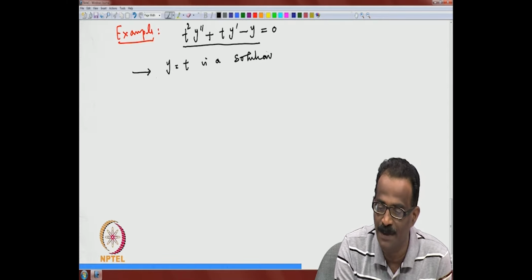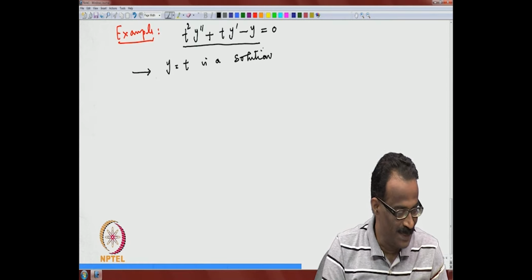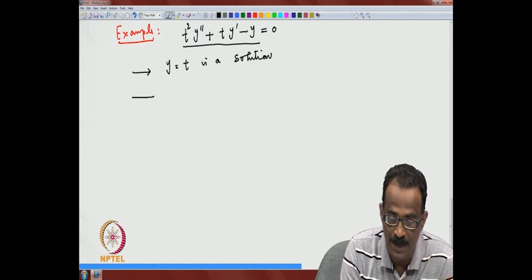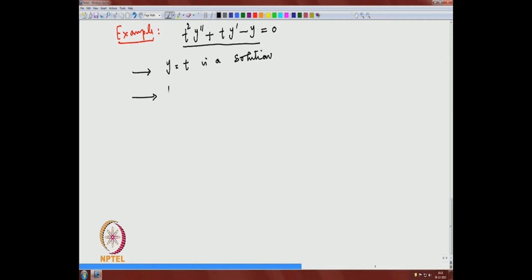Immediately you can see that, and then for the order reduction, look for another solution y 2 of t equal to c of t times t.